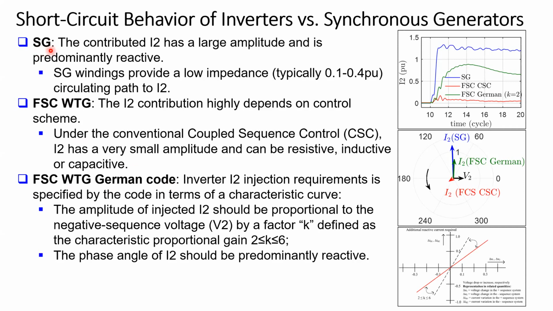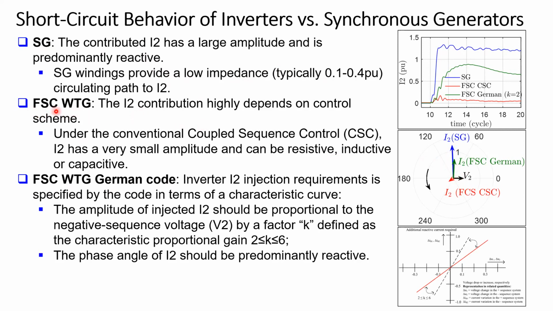Under a synchronous generator, the contributed I2 is characterized by the negative sequence impedance, because this impedance typically has a low amplitude in the range of 0.1 to 0.4 per unit. Because this impedance is predominantly inductive, the amplitude of short circuit current is large under a synchronous generator, and the phase angle of I2 has an inductive nature.